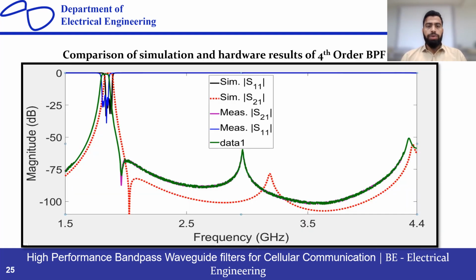Okay, so this is the comparison of the simulated and hardware results of the fourth order band pass filter. As you can see, the results are labeled: the black one shows the simulated reflection loss S11, while the insertion loss S21 is represented by the dotted red line.